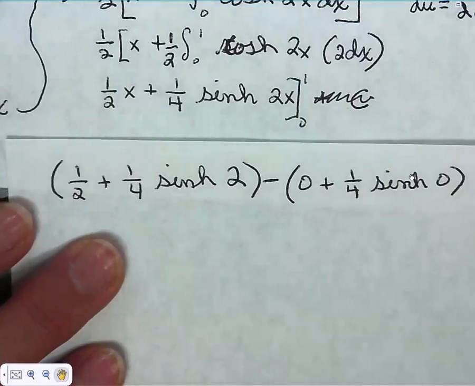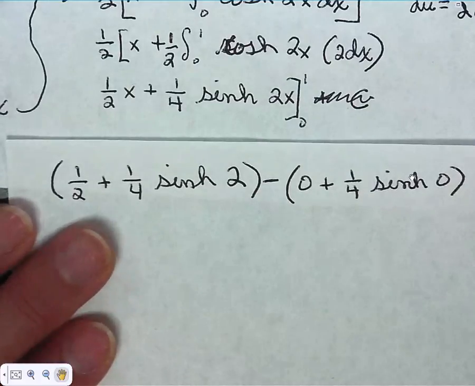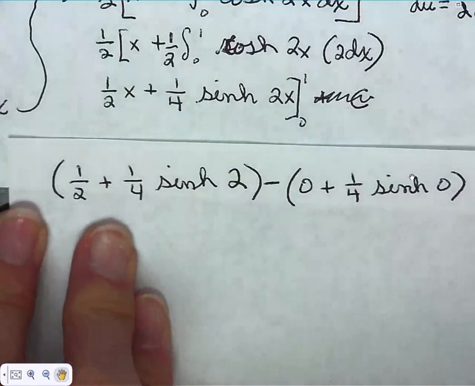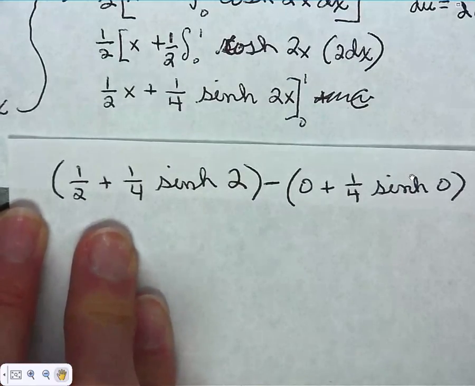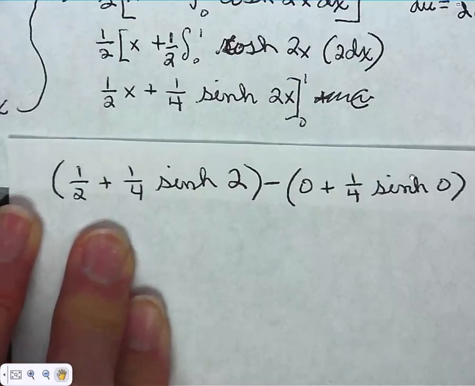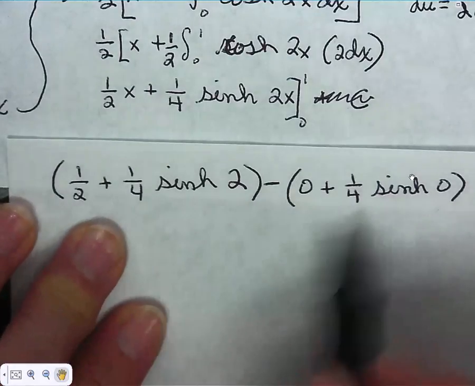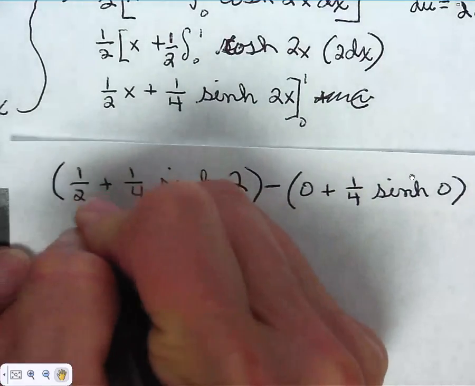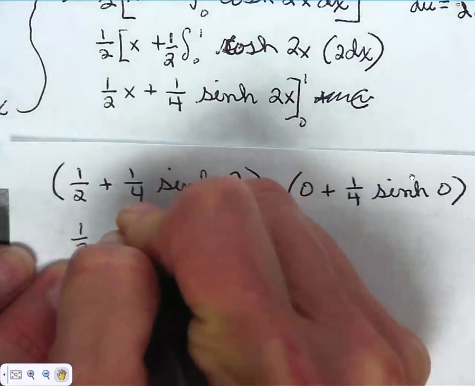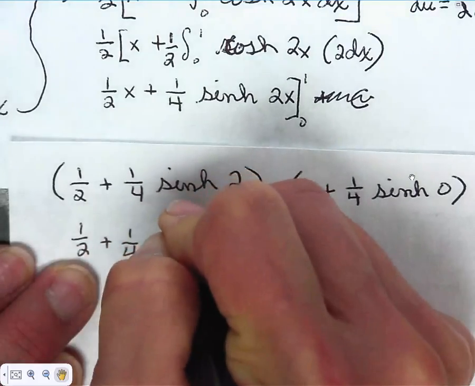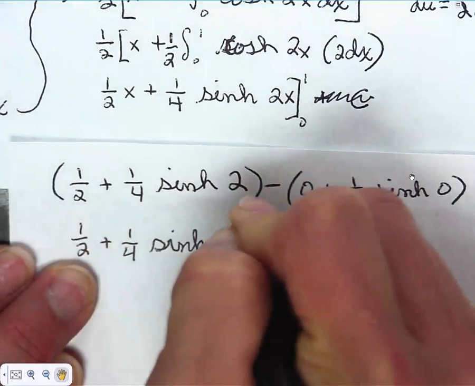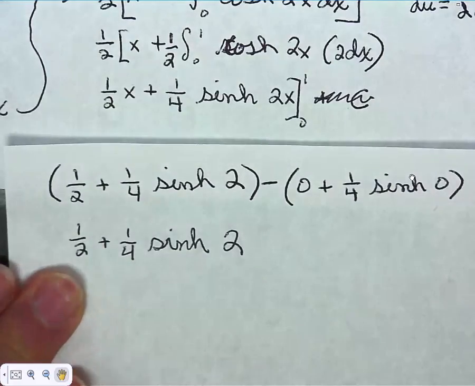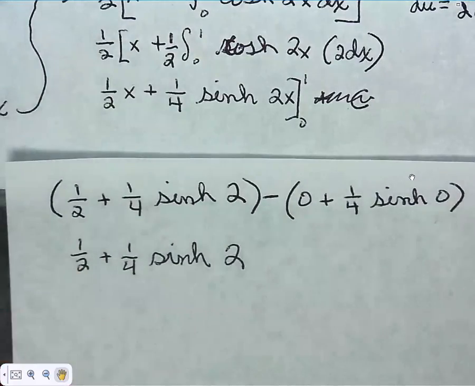What's sinh 0? Yeah. Put a 0 in place of both x's right here, and you're going to have 1 minus 1 is 0, 0 over 2 is 0. So that's 0, that's 0. All we have is this. And that's absolutely fine. That's where I would stop.